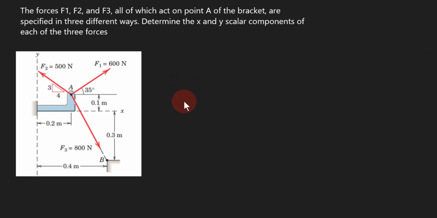So if you have point A here, and then we have F1 being applied here. This is F1, and that's equal to 600 Newton. It makes an angle of 35 degrees with the horizontal, that's the x-axis.